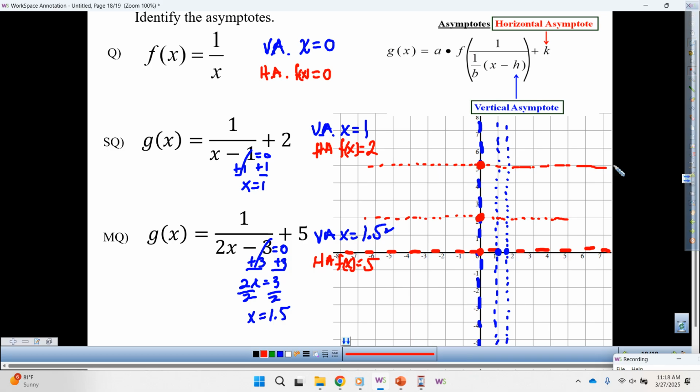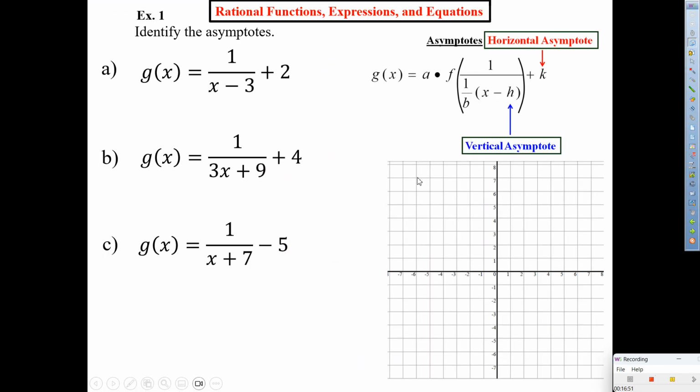Are you finding the vertical and horizontal asymptote? Okay. So, go to the next ones to the right. A, B, and C. I want you to find me the VA and HA for each of those and graph them on your paper, please. I'll give you some time. Go.